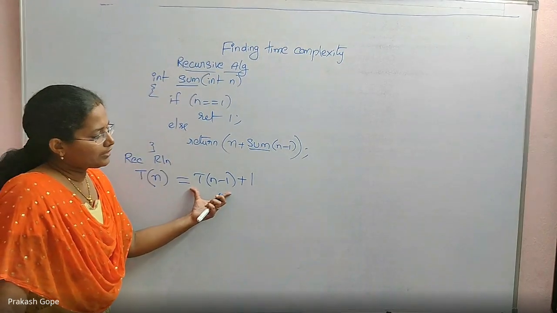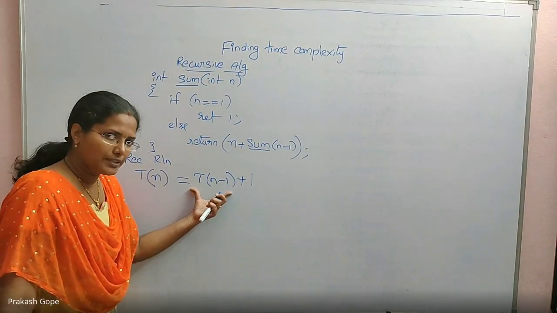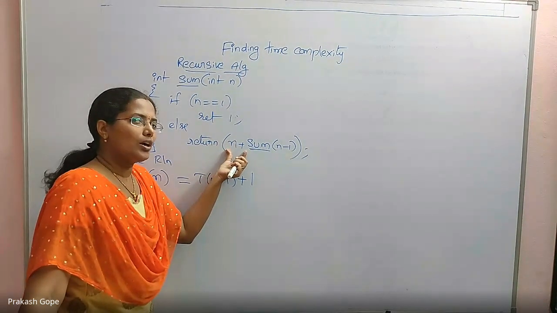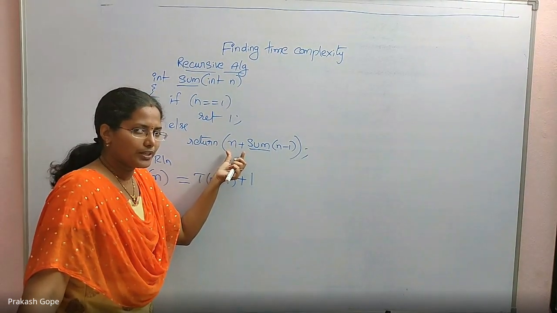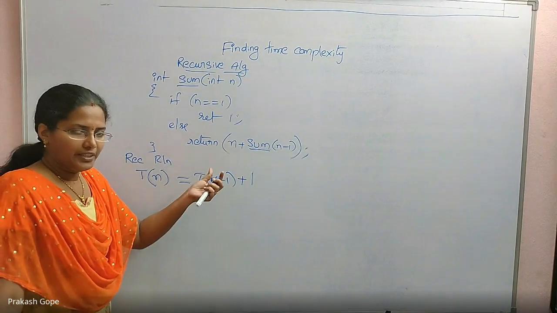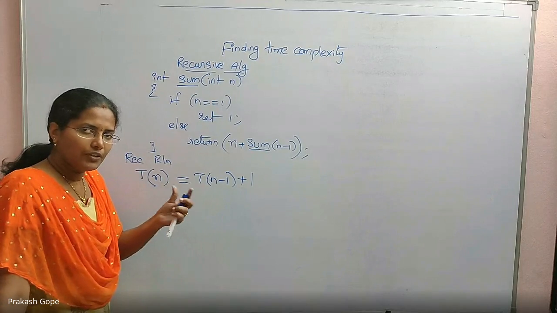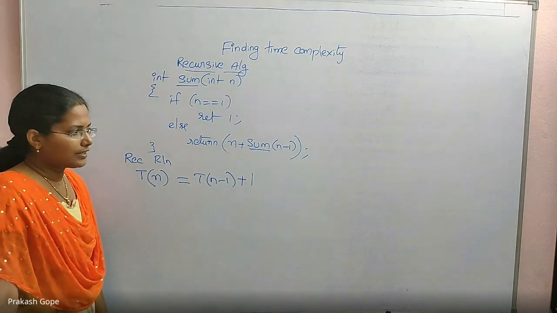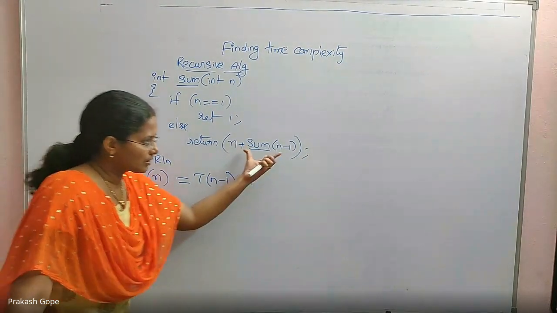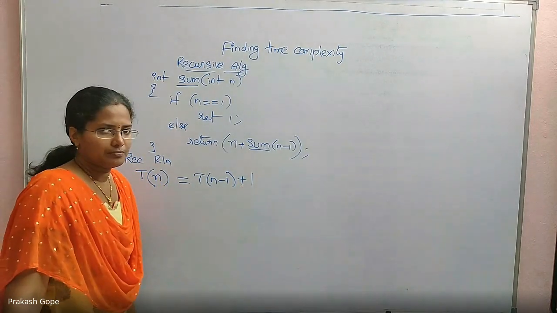When we are writing the recurrence relation for the time complexity, we are not interested in what gets added, what gets multiplied, what gets divided. It is just an instruction, an arithmetic, a logical, a fixed number of instructions that gets executed along with this sum function. That's why plus one.